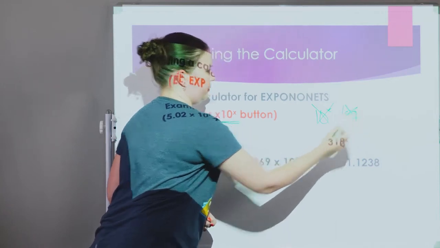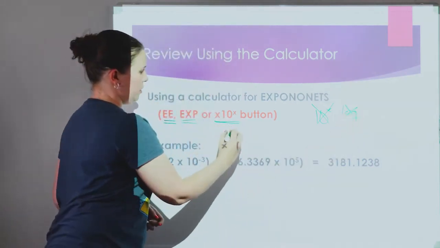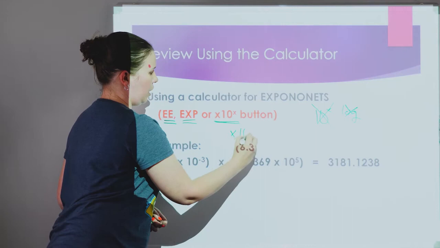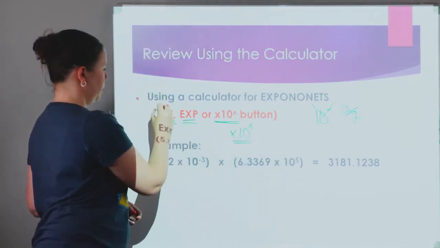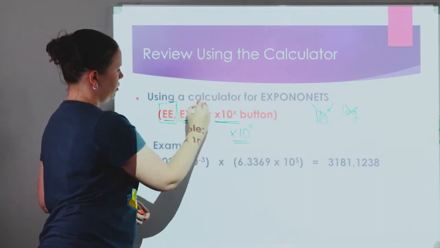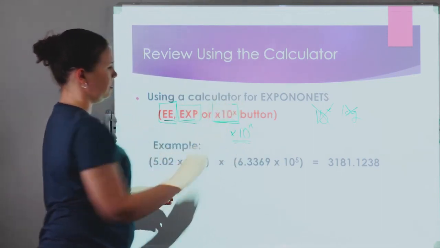That's the wrong button. Times 10x. And I've also seen times 10n. Those would be individual buttons on your calculator that we need to find.